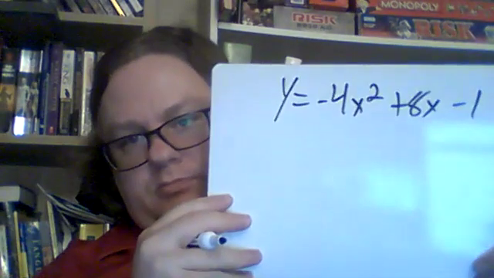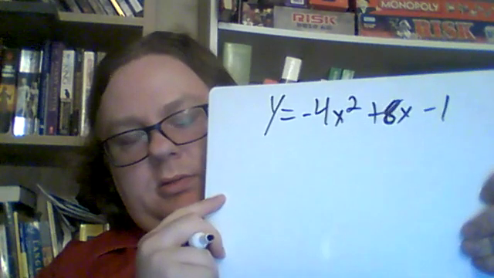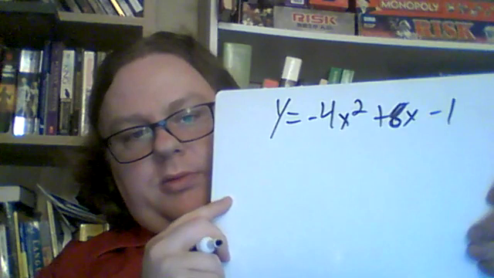Example number 6, determine the vertex of this equation right here. Y equals negative 4x squared plus 8x minus 1. There's a special formula: x equals negative b over 2a.